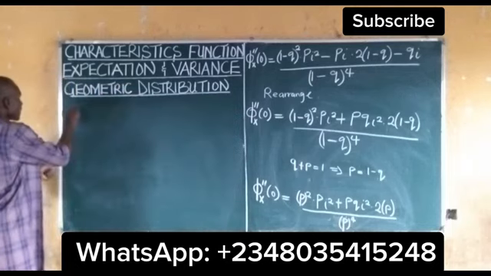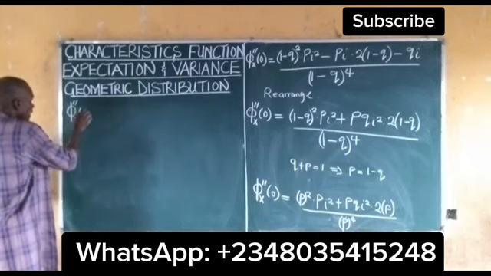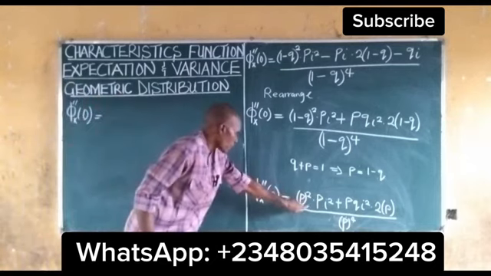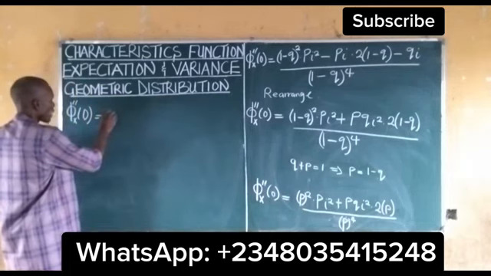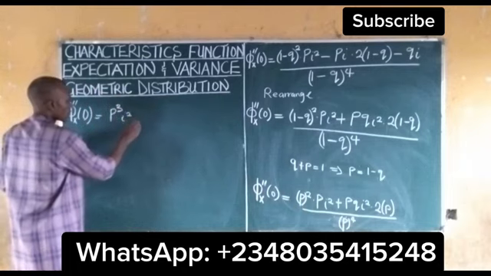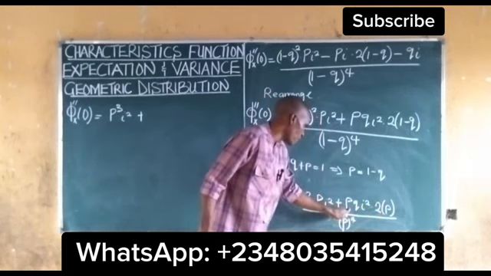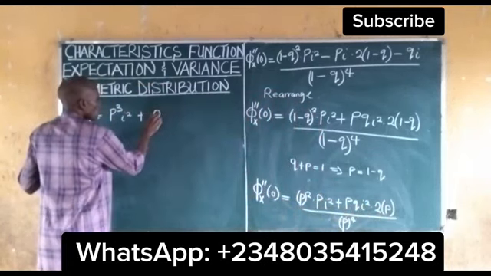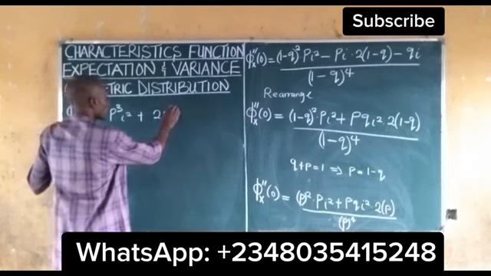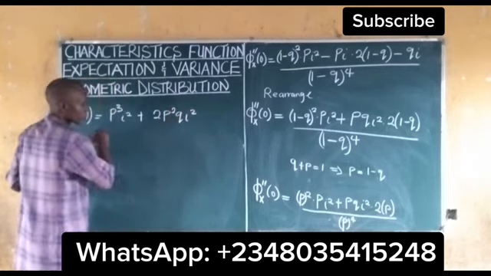So it then means that our characteristic function for the second derivative at t is equal to 0 will now be p multiplied by p squared will give us p cubed. So we have p cubed i squared plus, this is p multiplied by p, we have 2p squared q i squared.